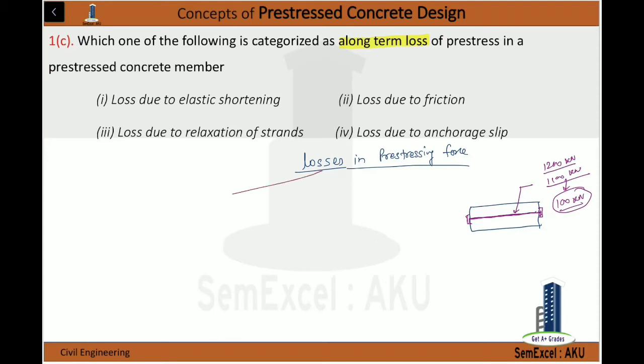So losses may be of two types. One is short-term losses, the other is long-term losses. Short-term losses are also known as immediate losses, and long-term losses are also known as time-dependent losses.